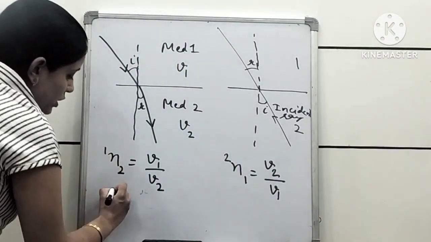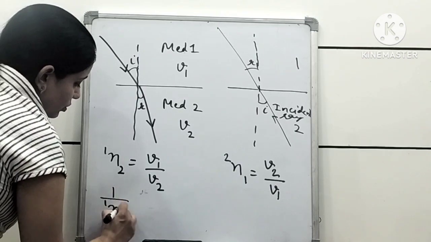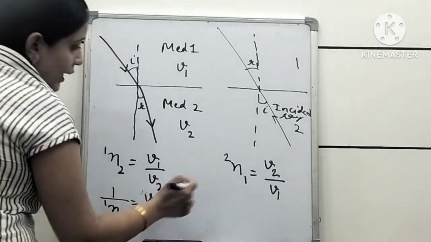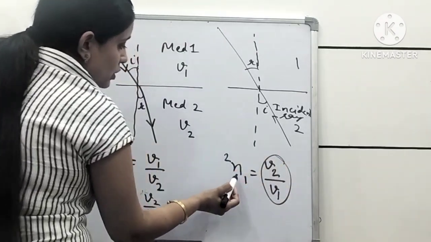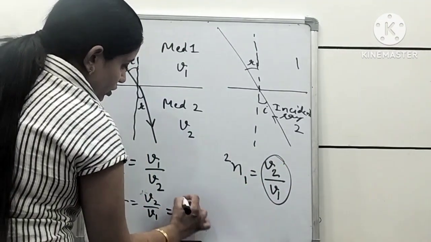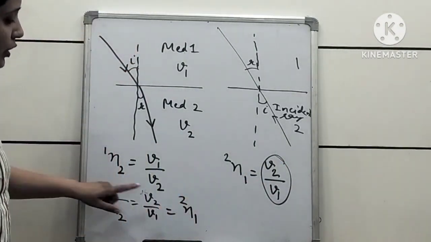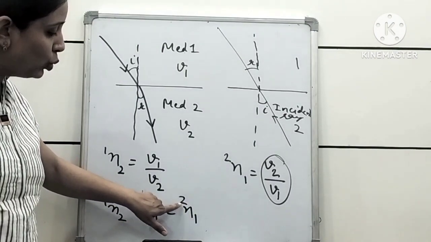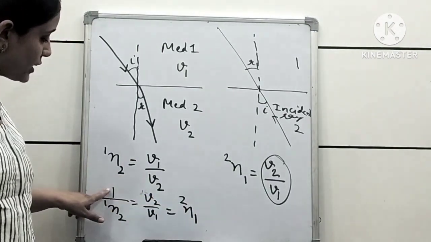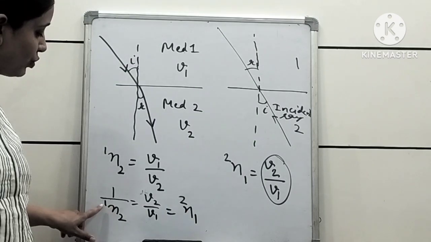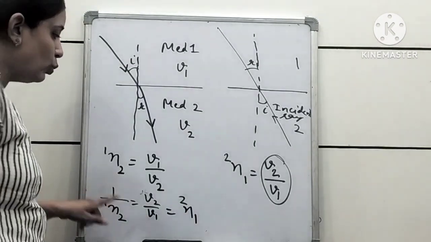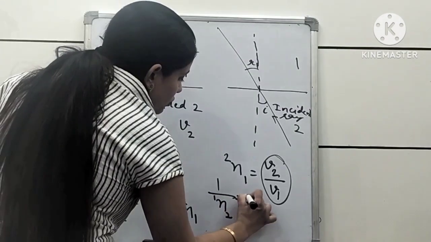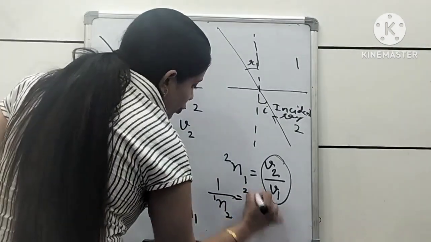If we take the reciprocal of this, 1 by this is equal to v2 by v1, which is equal to this. So the refractive index when light goes from medium 2 to 1 is equal to the reciprocal of the refractive index when light goes from medium 1 to 2, that is 1 by n12, which is equal to n21.